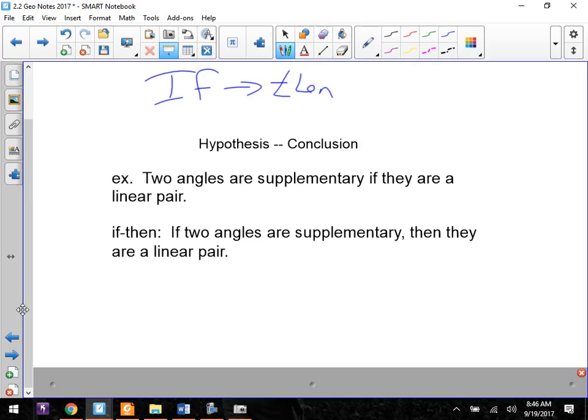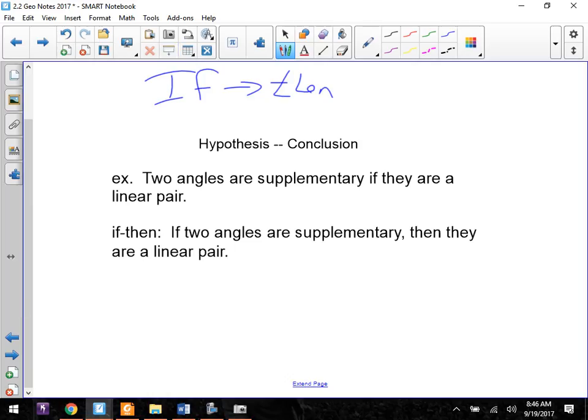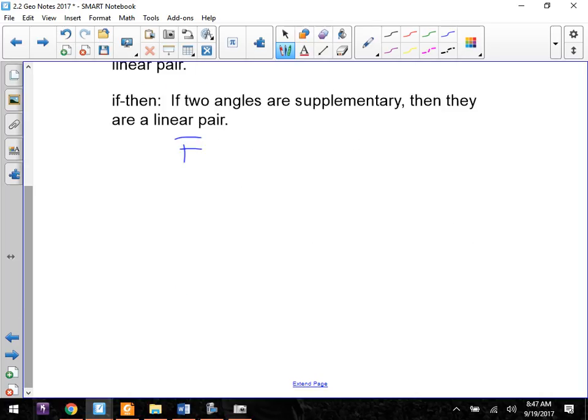Is that true or false? Actually, it's false. This is technically what we would call a false statement. The reason being, when you're dealing with a linear pair, that means that they have to be on the same line.